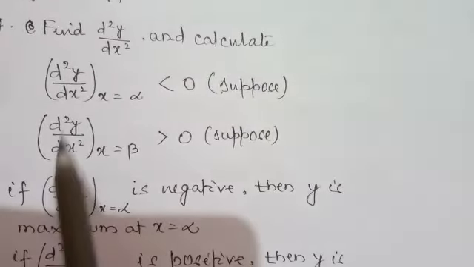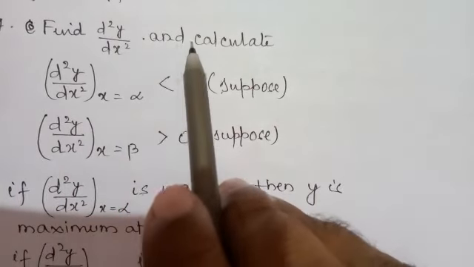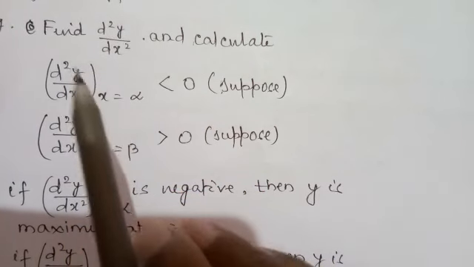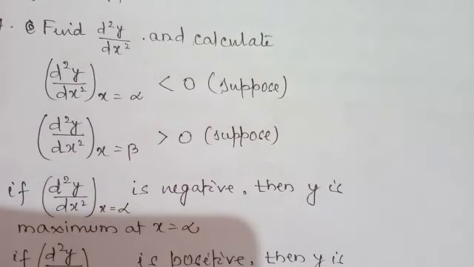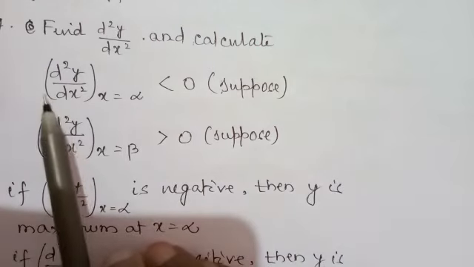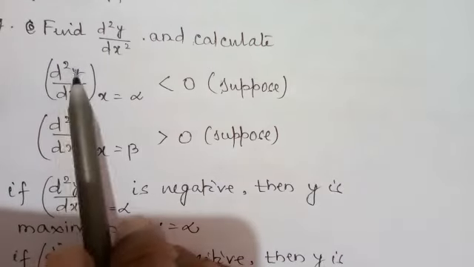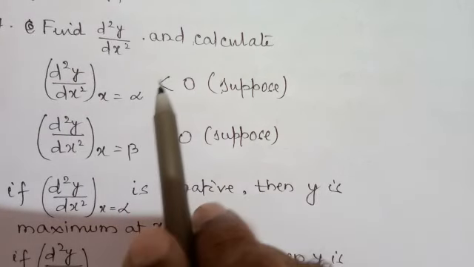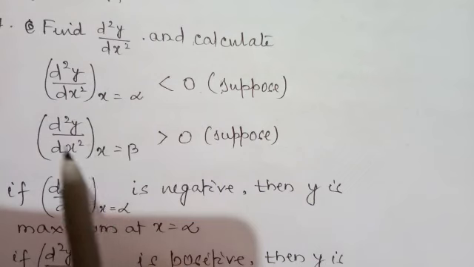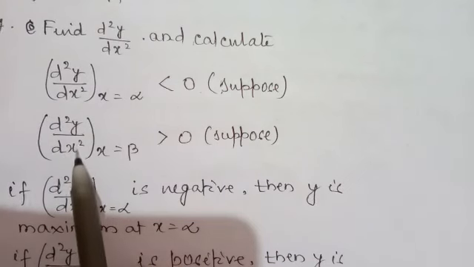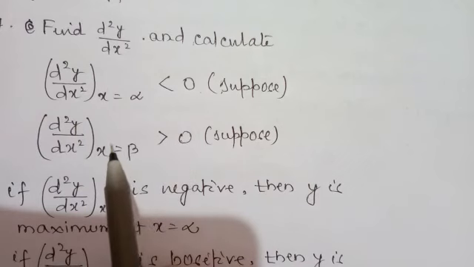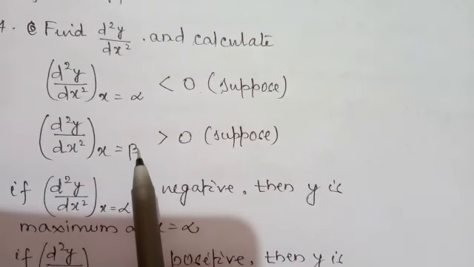After calculating d2y by dx square, put x equal to alpha and x equal to beta in turn. Suppose d2y by dx square at x equal to alpha is negative, less than 0, and d2y by dx square at x equal to beta is positive.